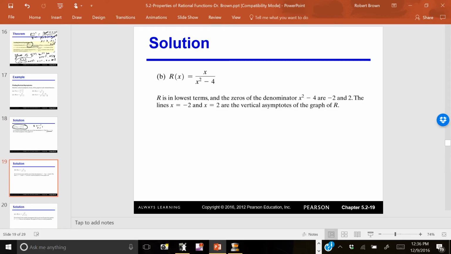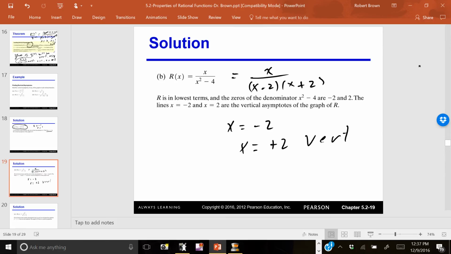Here, the second example, you can factor this into x minus 2, x plus 2. Notice this is in lowest terms. The x minus 2 or x plus 2 cannot be canceled in the numerator because they aren't there. So we would say x equal minus 2 and x equal plus 2 are vertical asymptotes.